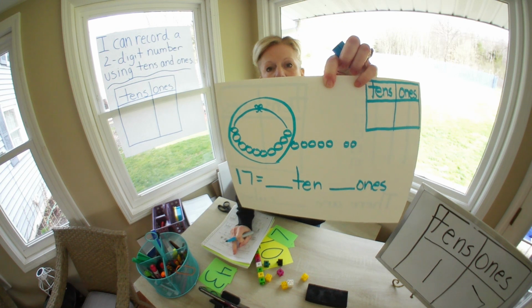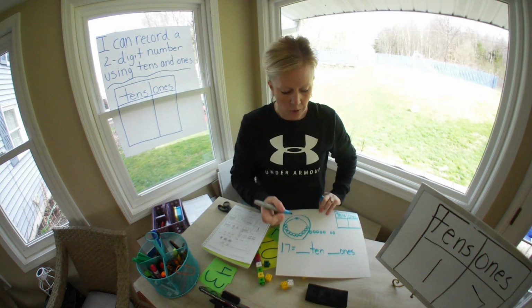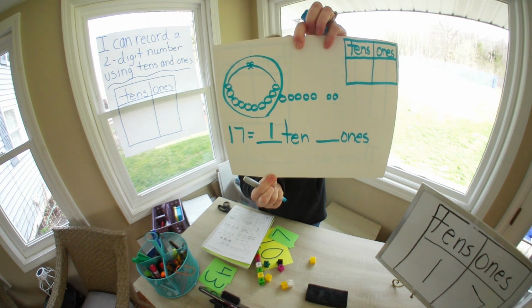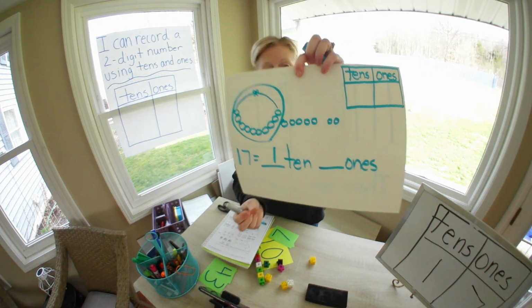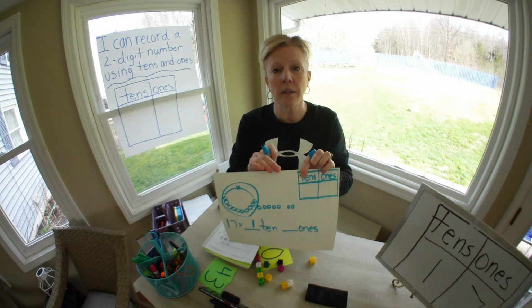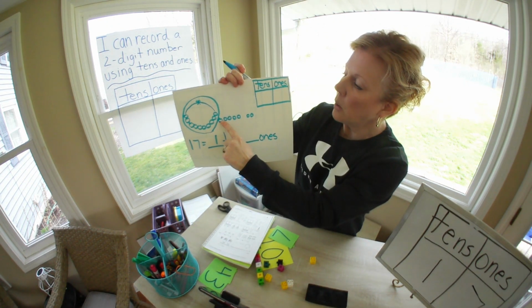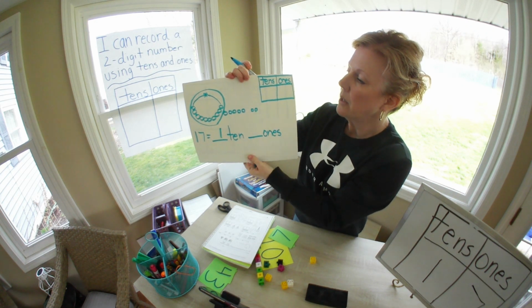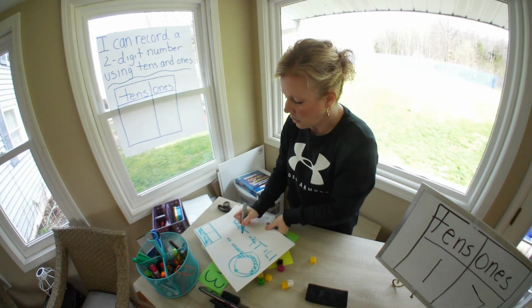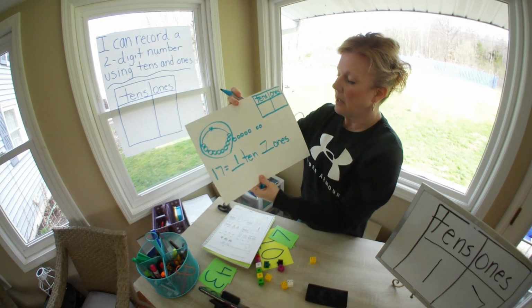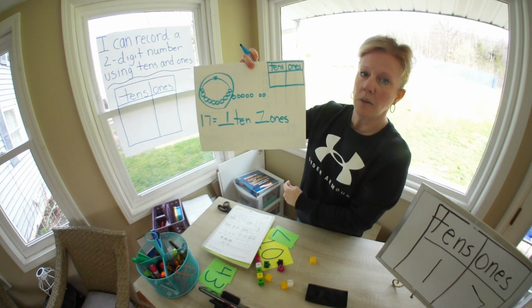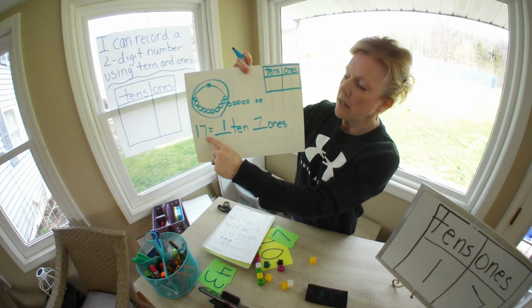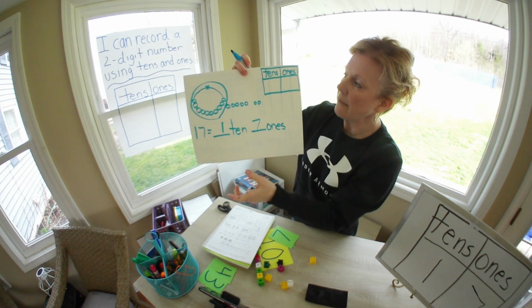So how many groups of 10 is that? That's 1. So I want you to write a 1 for the tens. Now we need to count the extra ones. So we have 1, 2, 3, 4, 5, 6, 7. So we have 7 ones. So go ahead and write 7 ones. So we're saying 17 equals 1 ten and 7 ones.